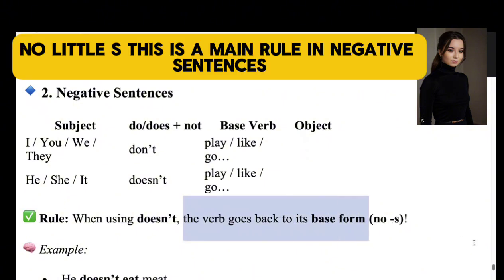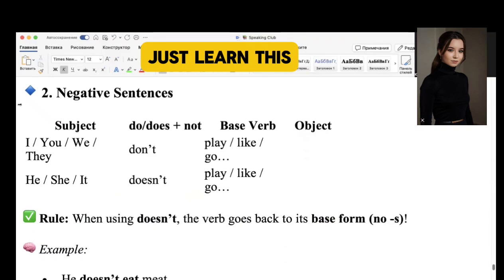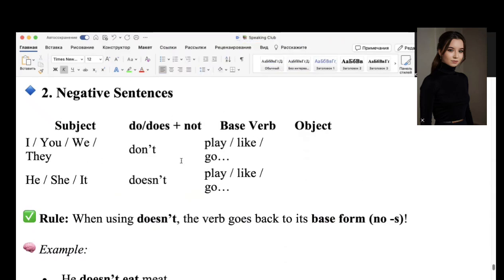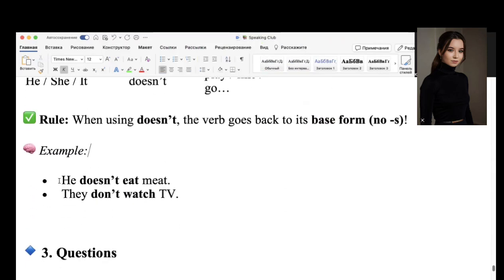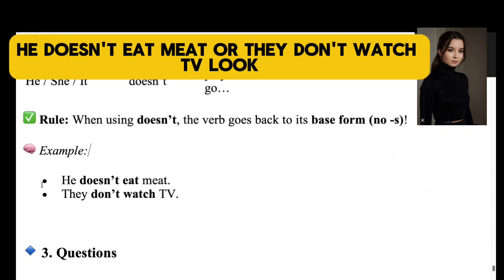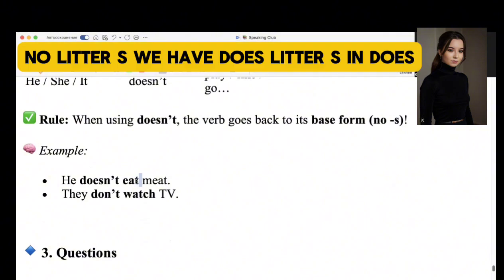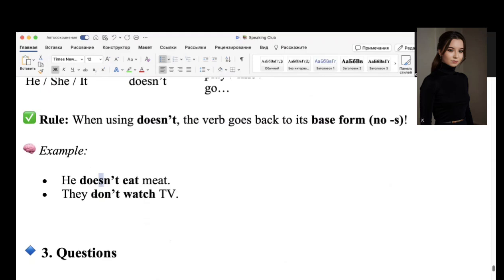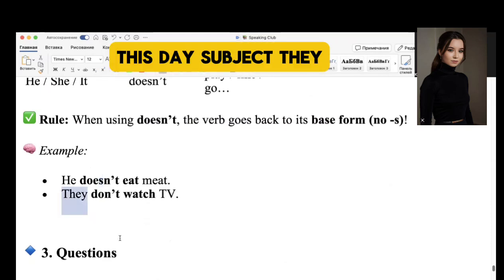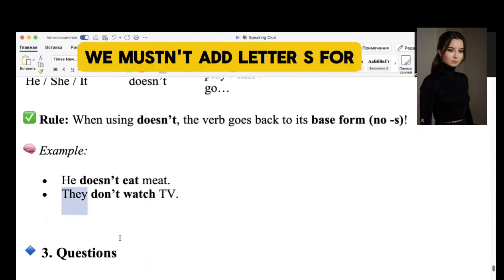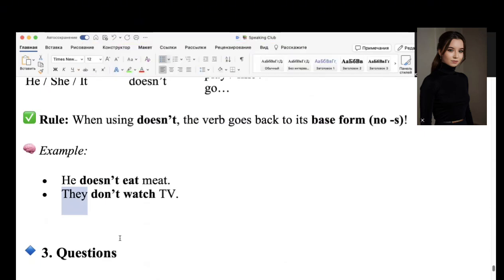No letter S. This is the main rule in negative sentences. Just learn this. Example: he doesn't eat meat, or they don't watch TV. Look, no letter S. We have S in does. In "they don't watch TV", the subject is they, so we mustn't add the letter S.